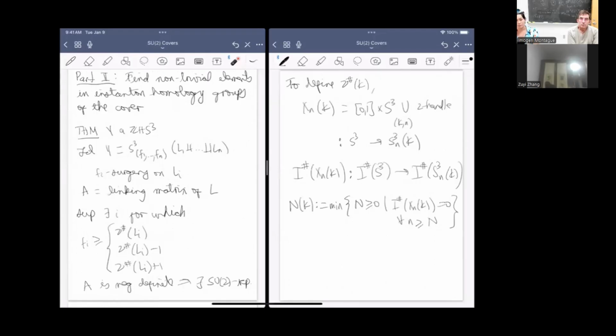And then nu sharp is defined as the difference between this minimum number and the one that we get by looking at the mirror of the knot. That's the definition. This is not ours. This is a definition of Baldwin and Sivek.